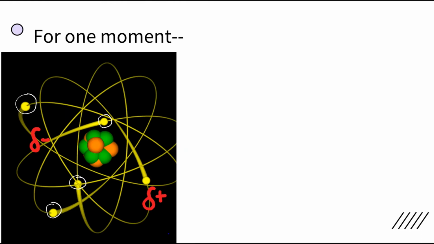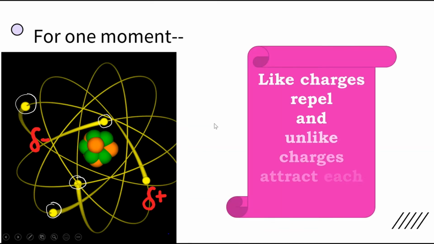Now, what might this induce in the neighboring atom? If there are different charges across the atom, think about what effect it will create on the neighboring atom. Pause the video and think about it. Well, we know that like charges repel and unlike charges attract each other.